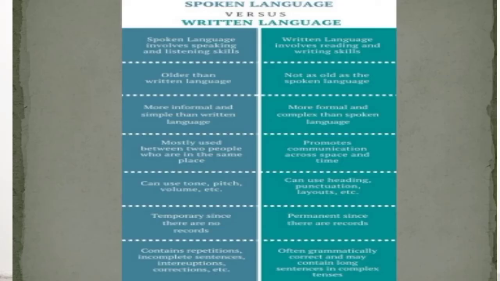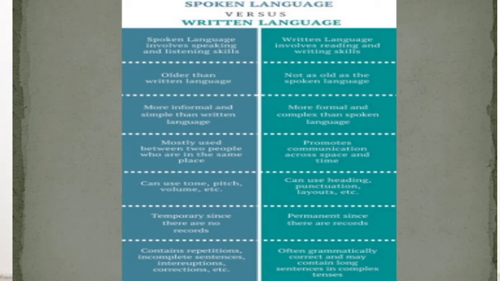Now we will glance at spoken language versus written language in table form. Spoken language involves speaking and listening skills. Written language involves reading and writing skills. Spoken language is older than written language, and written language is not older than spoken language.